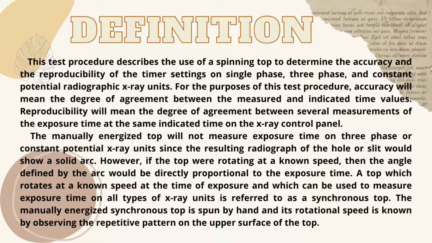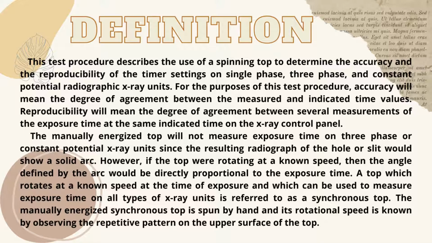The manually energized top will not measure exposure time on 3-phase or constant potential X-ray units, since the resulting radiograph of the whole or split will show a solid arc. However, if the top were rotating at constant speed, then the angle defined by the arc would be directly proportional to the exposure time.